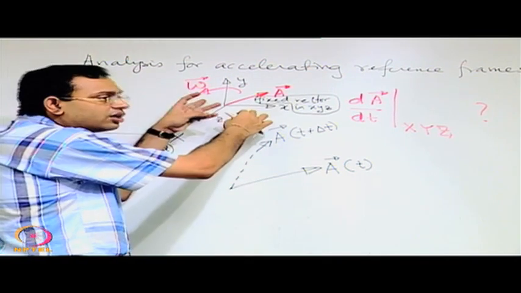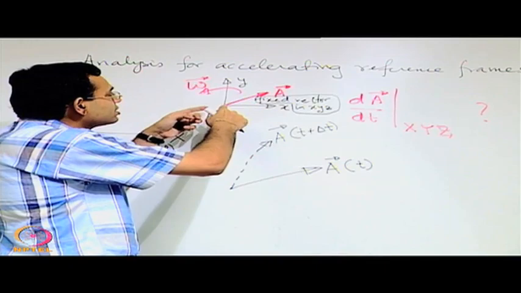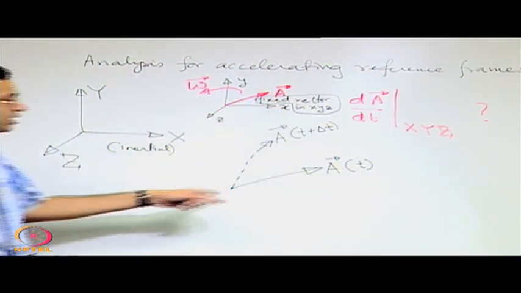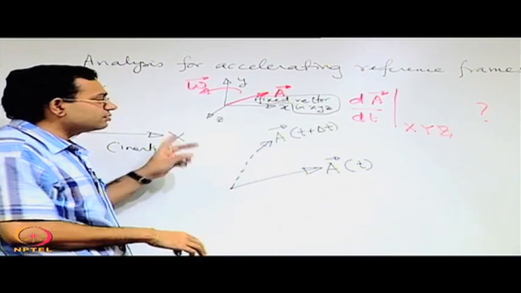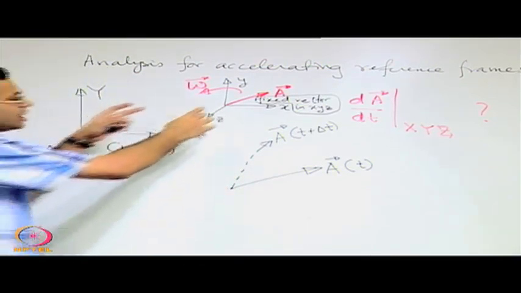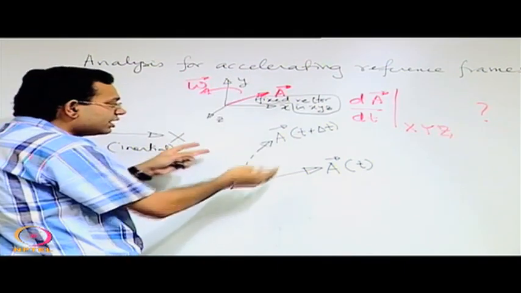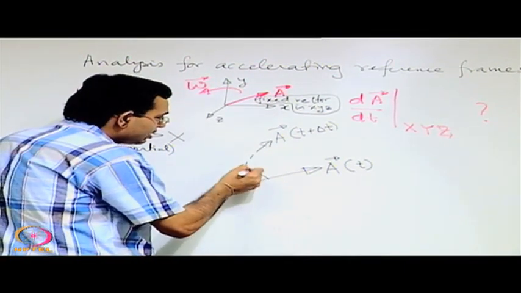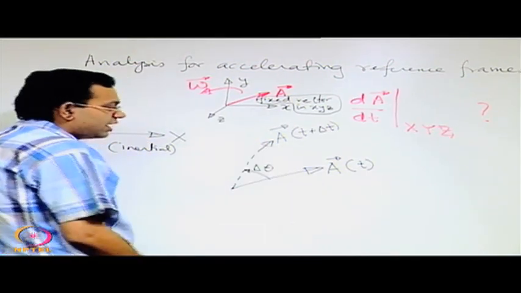That means, if you are sitting on this, you do not see any change in the length, and if you are outside, although it is same in length, but because the reference frame is rotating, this also rotates. Let us say that it traverses an angle delta theta over this time delta t.